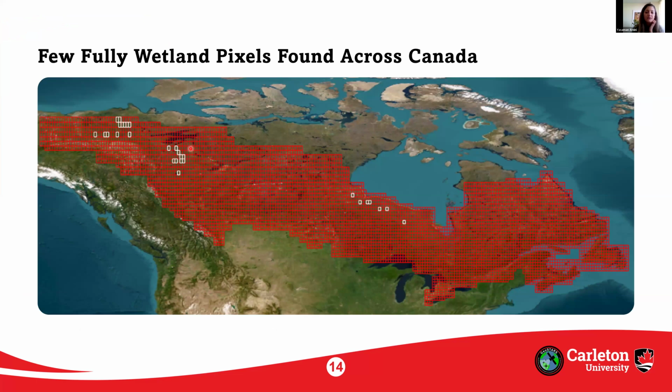We wanted to see if we could find a fully wetland pixel anywhere across Canada, because we really don't want to deal with multiple land cover types within a pixel. After searching, we found fewer than 30 pixels and compared them to fully upland pixels, since we think they are very different. In this figure, the red pixels represent all SMAP pixels over Canada, and the white pixels are the few where we have more than 95% wetland proportion.